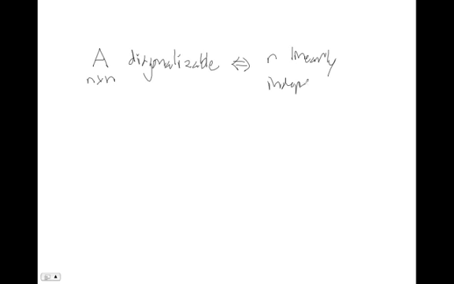In general, if I have some A matrix that's an n by n matrix, and that matrix is diagonalizable, this is a one-to-one synonym for saying it has n linearly independent eigenvectors. So one is as good as saying the other. If I tell you that A has n linearly independent eigenvectors, then you know it's diagonalizable, meaning it's similar to a diagonal matrix. And the same thing goes back and forth.